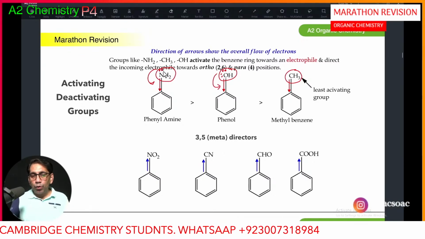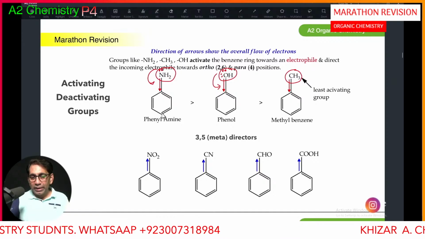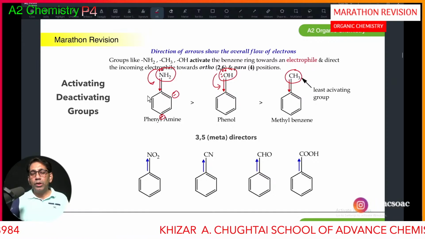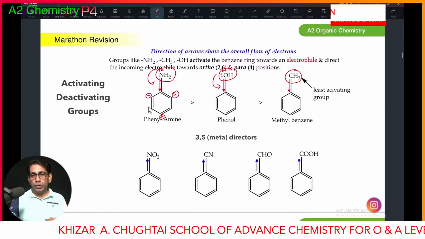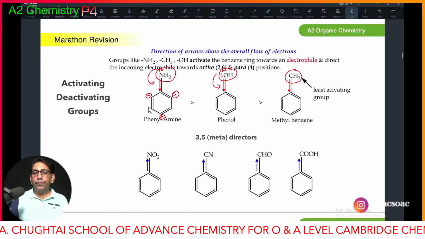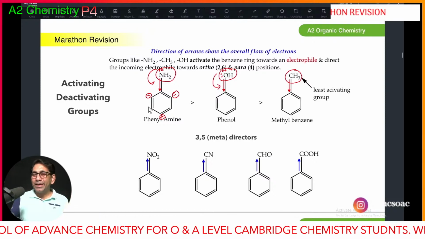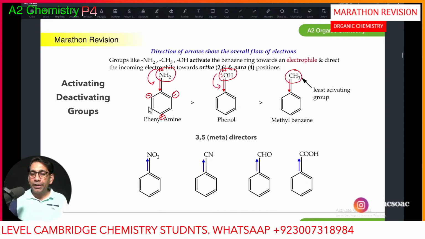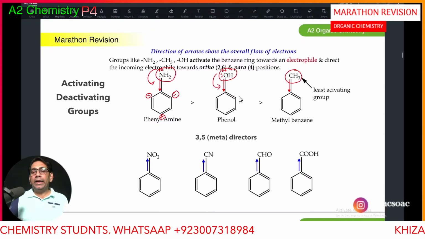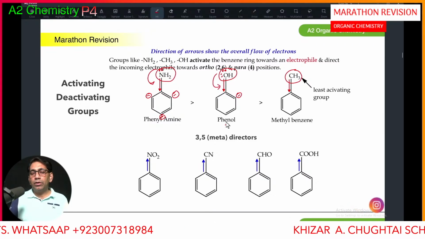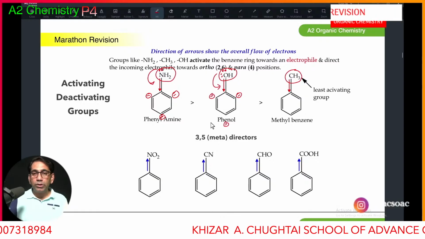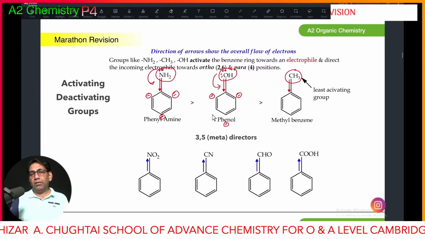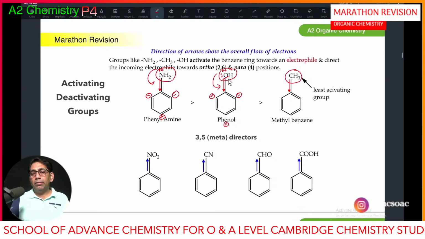When this lone pair delocalizes on this ring, electrons are going to have high density on these three positions. If any compound is delocalizing its lone pair to the benzene ring, indirectly it is going to increase the electron density on the benzene ring on these three positions. Yes, there is another effect. The effect is called inductive effect. This is an oxygen atom.